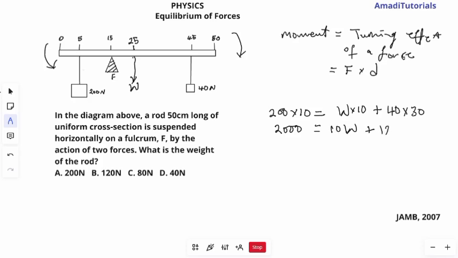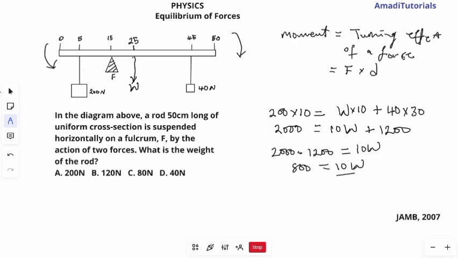plus 1200. So you collect like terms, 1200 comes to this side. You have 2000 minus 1200 equals 10W. So 2000 minus 1200 is 800.